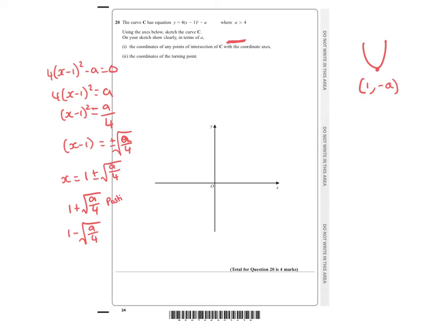It's bigger than 1. We know that our minimum is going to be around 1, minus a. So we could call this a.